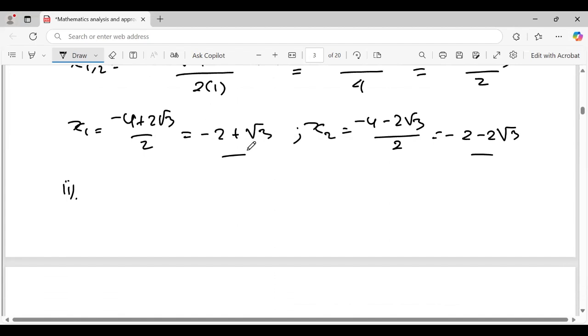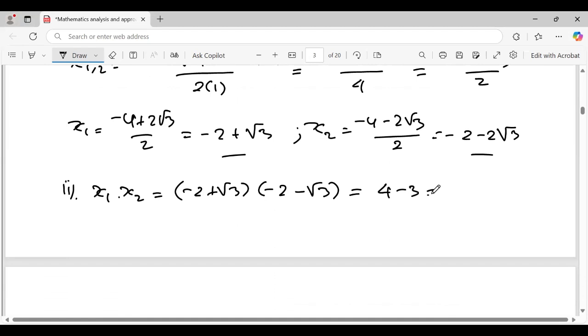So x1 is this one and x2 is the other. They are reciprocal if x1 times x2 equals 1. So minus 2 plus square root 3 times minus 2 minus square root 3. If you calculate, this is 4 minus 3, which equals 1. So since the product of these roots equals 1, this confirms that x1 and x2 are indeed a reciprocal pair.